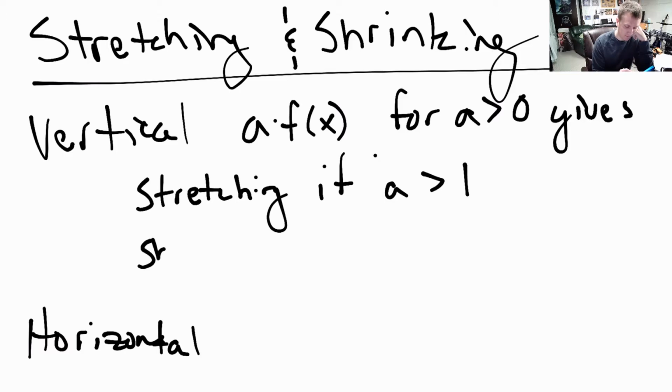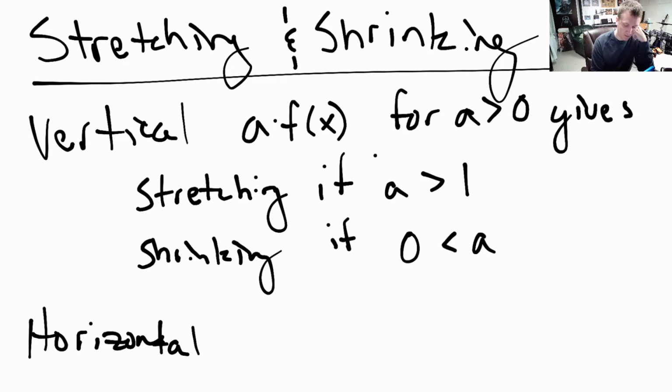Shrinking is accomplished when A is in between 0 and 1. If you think of those numbers, something less than 1, bigger than 0, as a percentage, you're taking every height of your original function and taking 80% of it or 50% of it, whatever A is as a decimal.